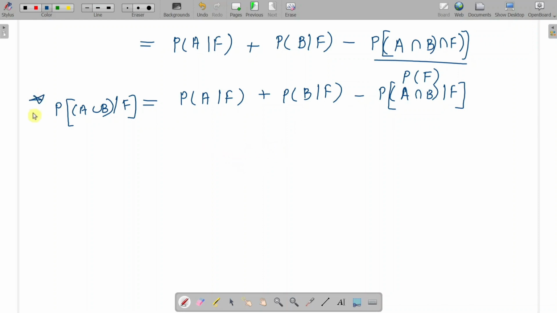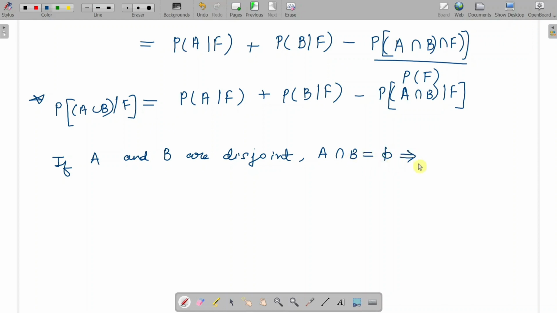Okay, now in particular if A and B are disjoint, what will happen? So if A and B are disjoint, that means A intersection B is the empty set, right?